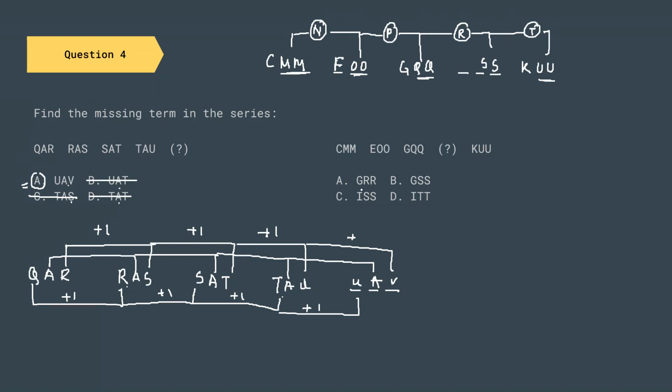So we can look into the options. Option A will be eliminated because it contains two R's, and option D will be eliminated because it contains two I's.